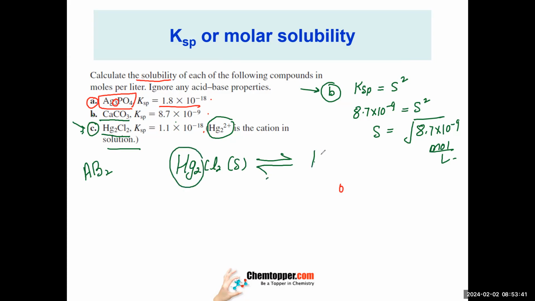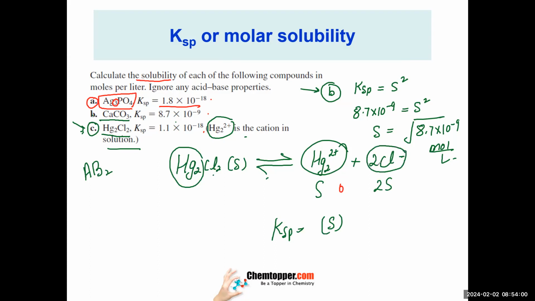It's going to be as such as a dimer, like this. That's what they are saying. But this will give you 2Cl minus. So if this is S, this is 2S. So Ksp is the concentration of this, that is S, times concentration of this raised to power 2, that is 2S raised to power 2. So it is 4S cubed. So it is AB2 type salt. A and then 2B, AB2.